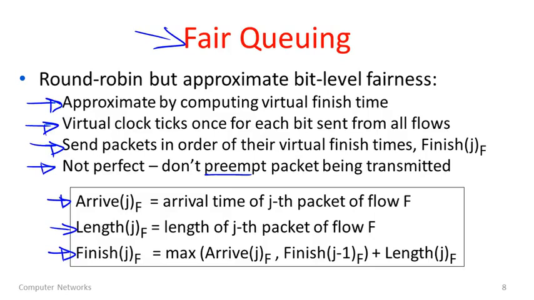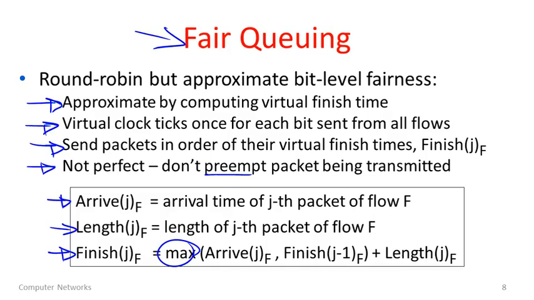But what's this max operation all about? Well, the max operation just says we're going to take that length of the packet for virtual clock ticks and we're going to start from either the finish time from the previous packet or the arrival time of the current packet, whichever is later. The reason for that is that we can't start sending its bits until the previous packet was finished.